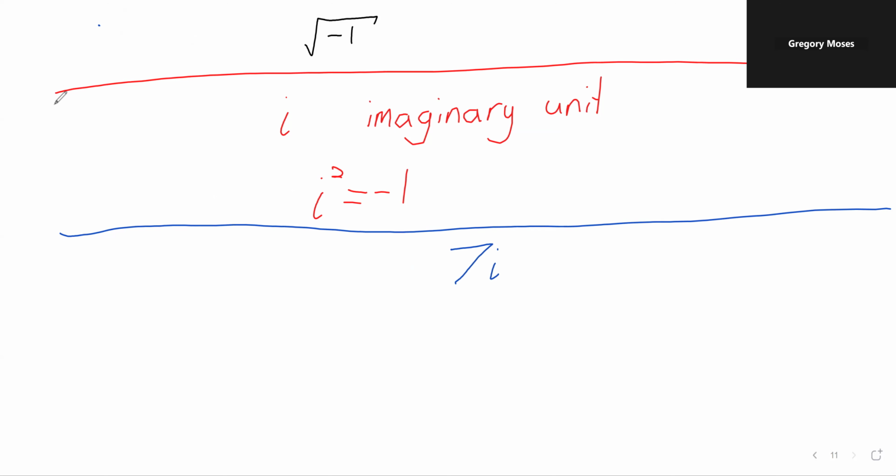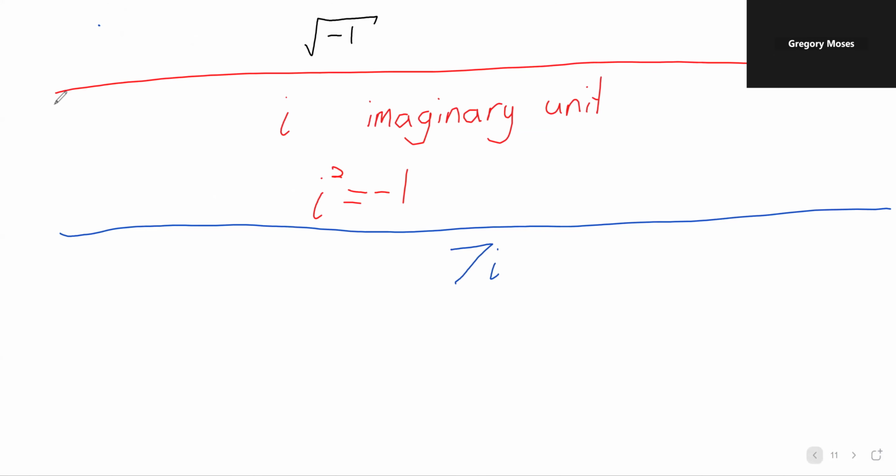And a real number times an imaginary unit does not simplify in any way. That is to say that 7 times i is 7 times i. There's nothing you can do to make this simpler. And this is perfect. This is actually very analogous. You think of this as the square root of -1. This is actually very analogous to other square roots, right?